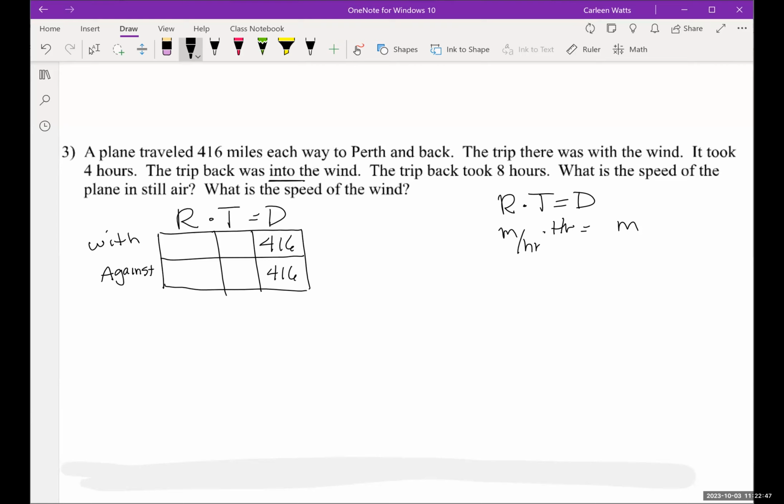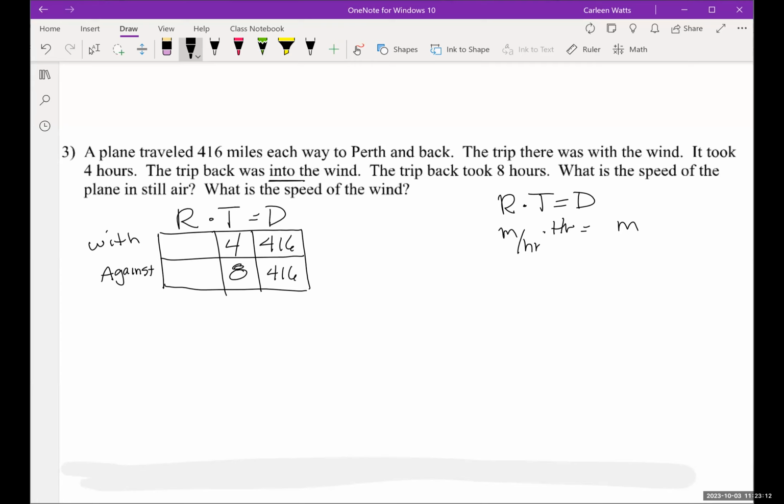Do we see that 416 is the same distance for both? They go there, they come back. Okay, what else do we see? Time. Going with the wind, it took 4 hours. Going against the wind, it took 8 hours.